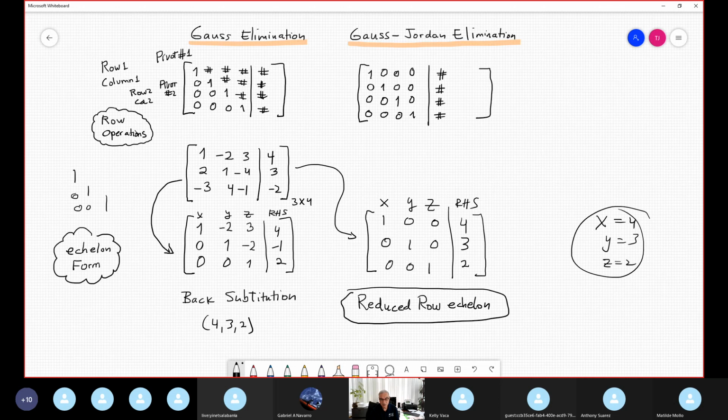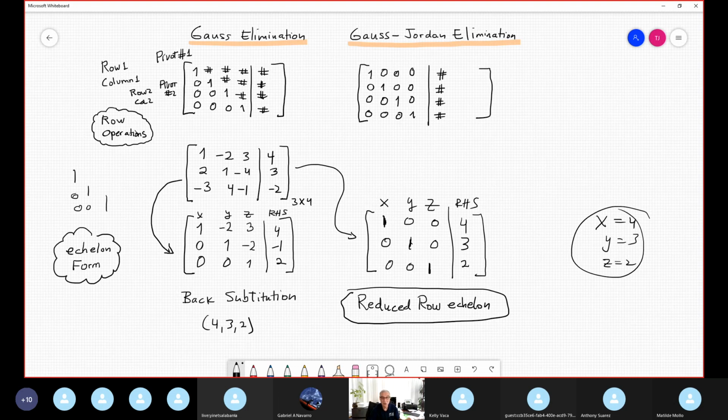This matrix can contain only 1s on the main diagonal. I call main diagonal, guys, first row first column, second row second column, third row third column: 1, 1, 1, and the rest is 0. It's super easy to directly solve the system. Okay, do you understand the basic idea?